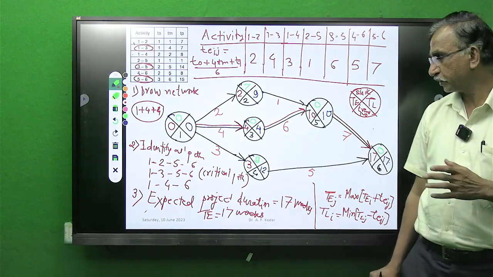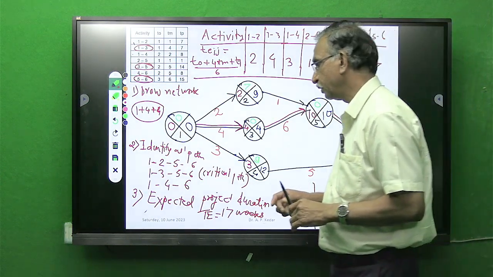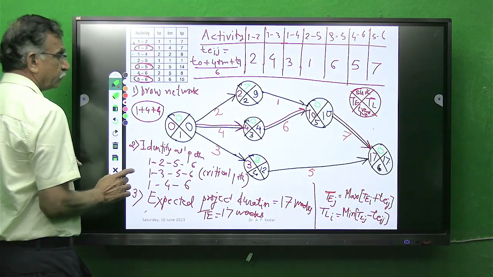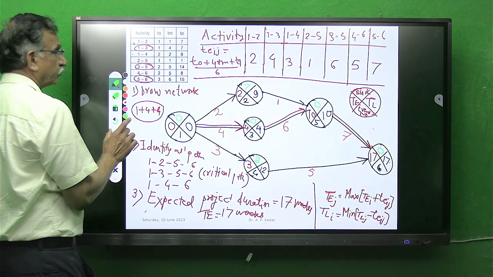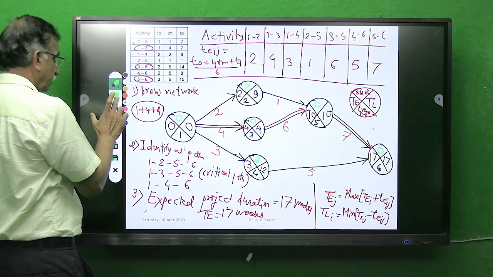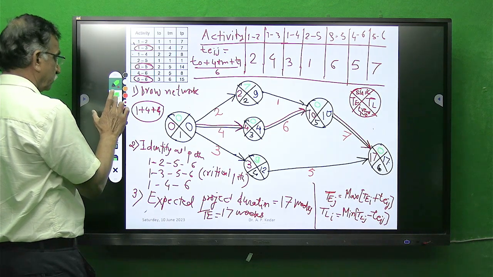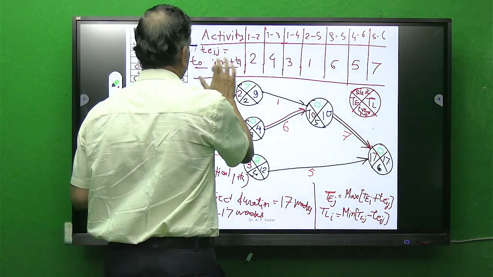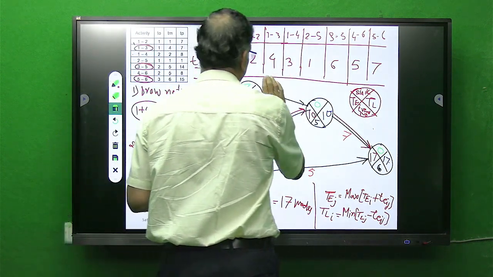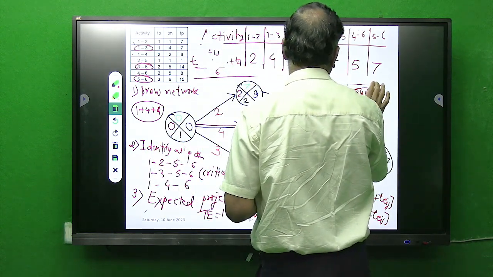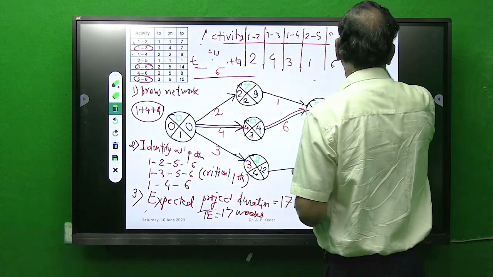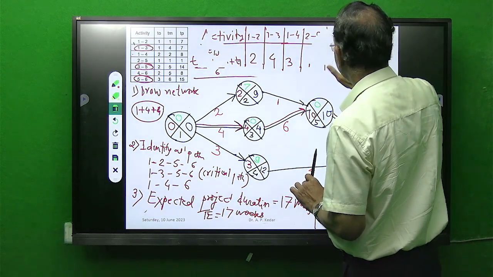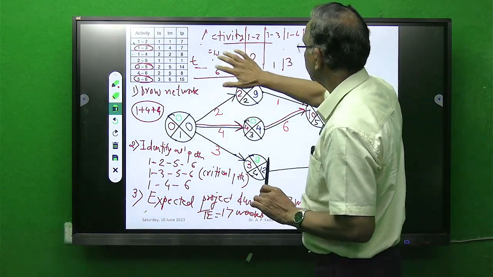What do we need for that relationship? Now here, since we have finished with this, I will scratch this particular portion for better understanding, because we know these values we have written on activity. What I am trying to explain is further calculation.